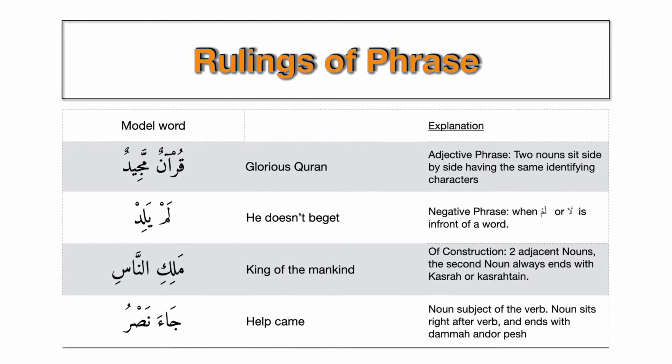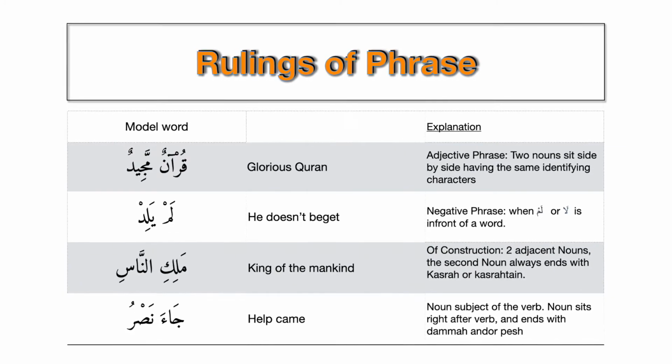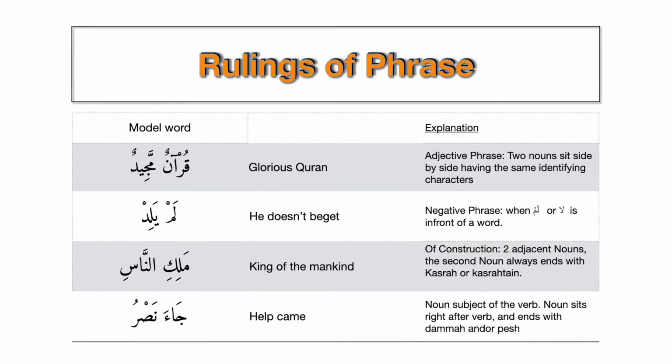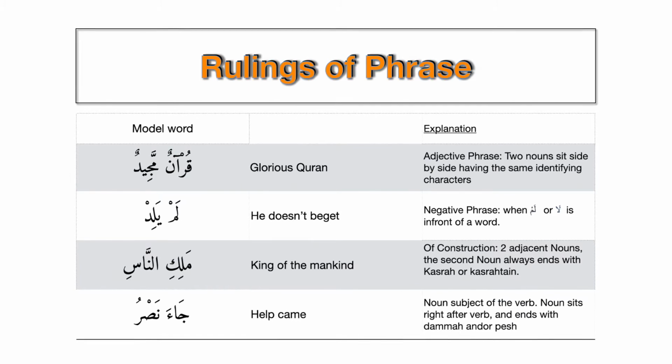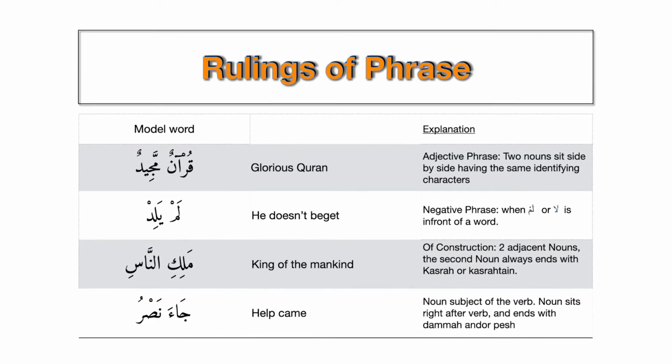Malikin nasi, king of the mankind. Of construction. Two adjacent nouns. The second noun always ends with kasra or kasratain. جاء نصر, helper came. Noun subject of the verb. The noun sits right after the verb and ends with dhamma or pesh.